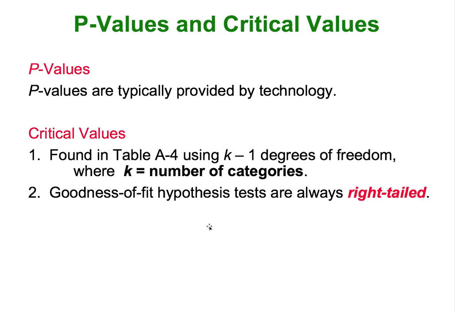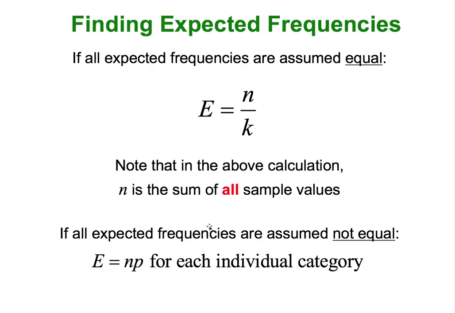Now, we need to calculate, although it's a very simple calculation, all the expected frequencies. We don't use the formula up in the upper part; that's what we use if all of our expected frequencies are assumed equal.